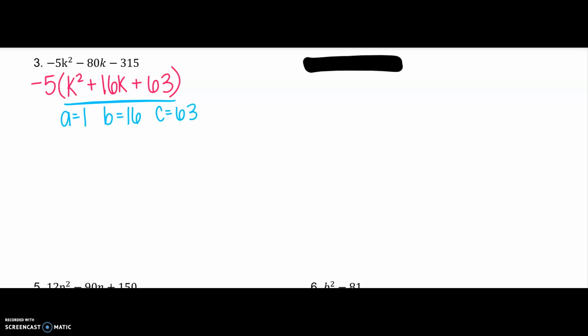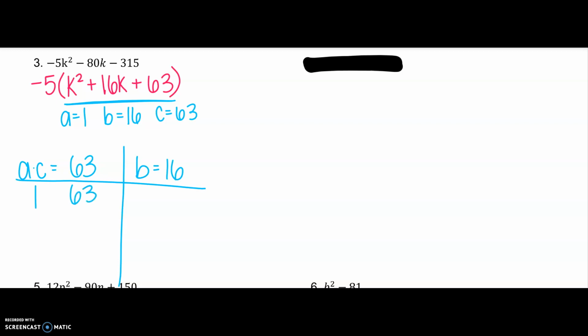We can go ahead and make the table. On the left, we're going to have A times C, which is 1 times 63, or 63. And my B value is 16. Now I'm going to find all the factor pairs for 63. I have 1 and 63, 3 and 21, and 7 and 9.